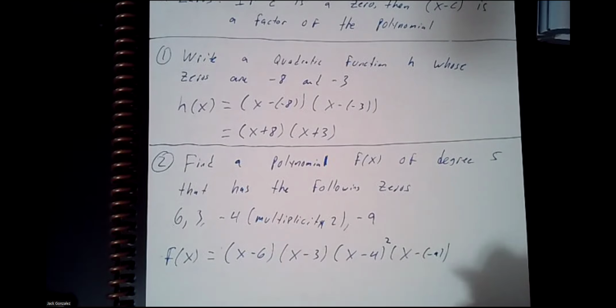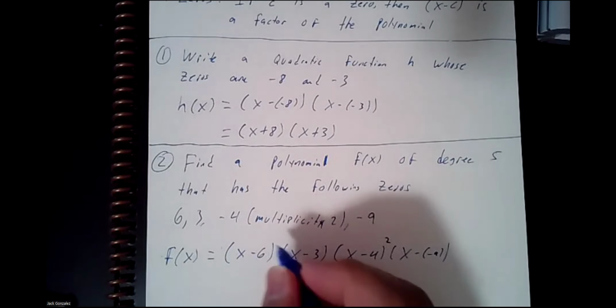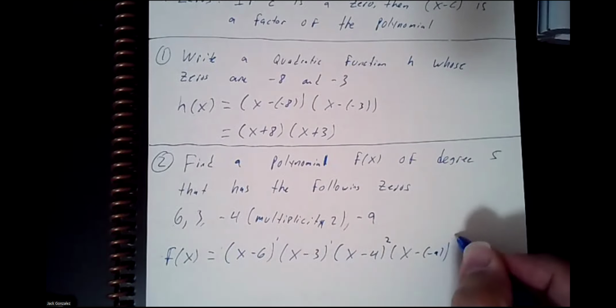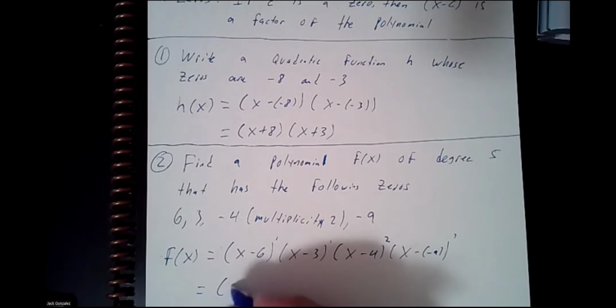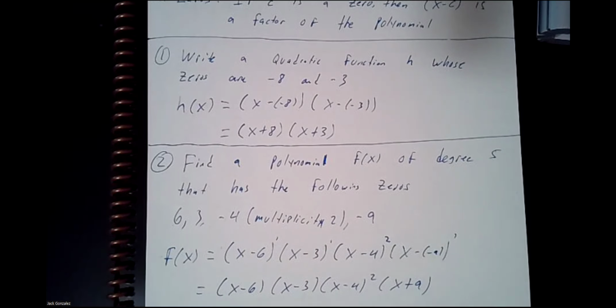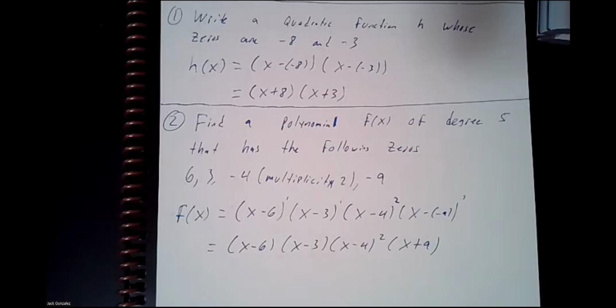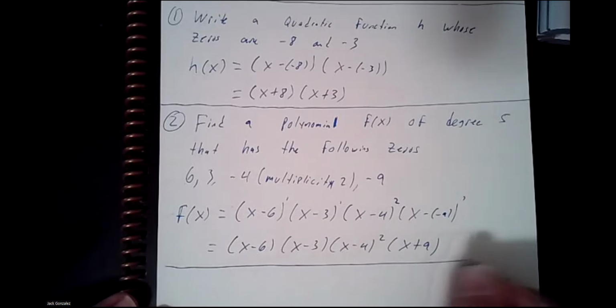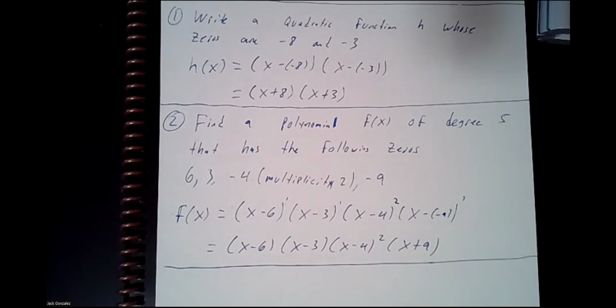If they don't say the multiplicity, we're going to assume it's 1 on all of them. Now just deal with the sign and we're good. X plus 9. So whatever multiplicity they mention, just make sure you put that as your power. So given the zeros, you can find the function.